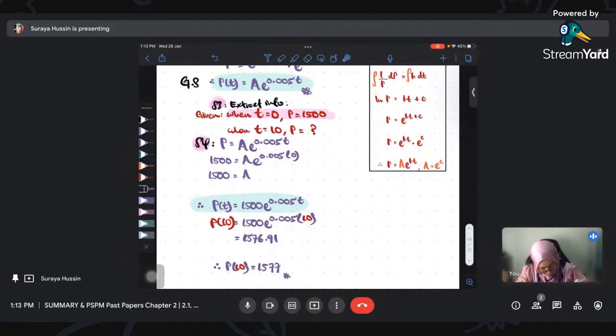So masukkanlah 10 years ke dalam huruf t pada general solution ni. Masukkan je dan dapatlah jawapan, population kita meningkat setelah 10 tahun. Sedikit sahaja dia meningkat sebanyak 1,577. Settle. Easy, isn't it?